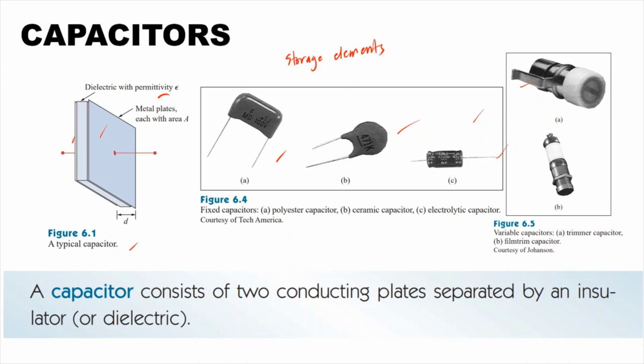We will learn about this permittivity in the latter part of our discussion. A capacitor consists of two conducting plates separated by an insulator, yung sinasabi ko kaninang dielectric material.